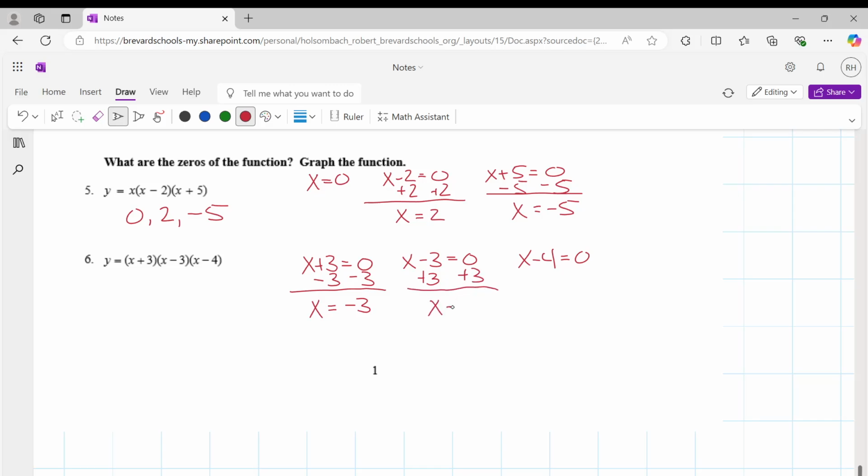Another 0 is going to be positive 3. And the third 0 is positive 4. So our zeros of this function are negative 3, 3, and 4.